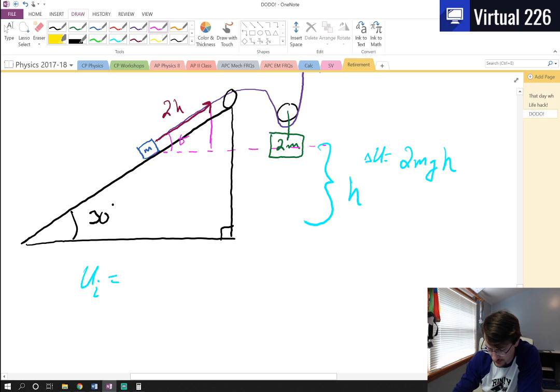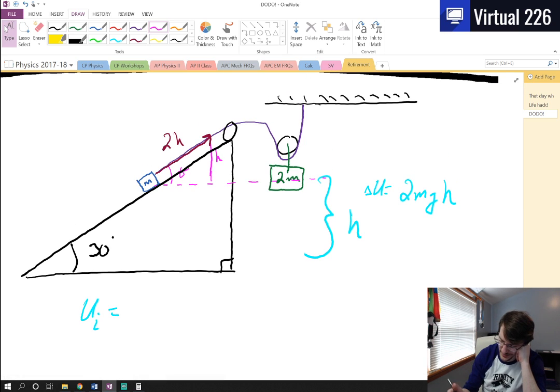And since you know that's 30 here, sine of 30 is going to be half, so this is essentially moving h here, which means this change here is just going to be mgh.